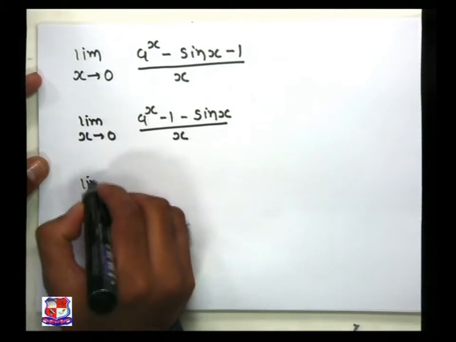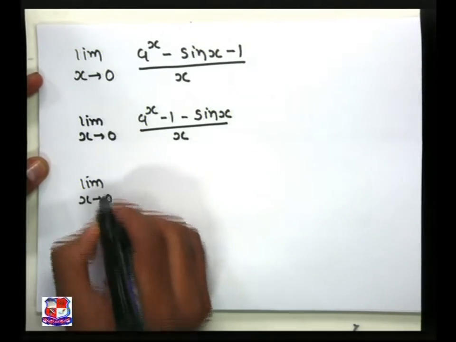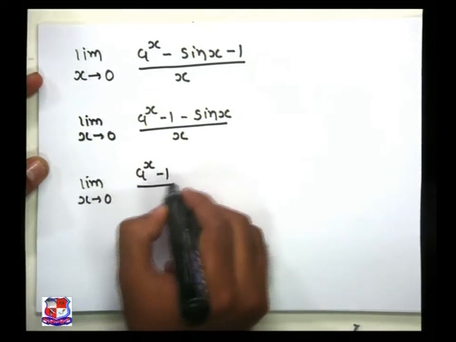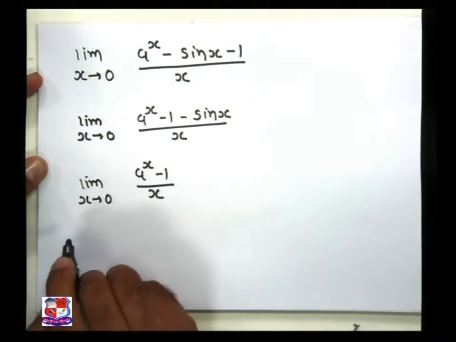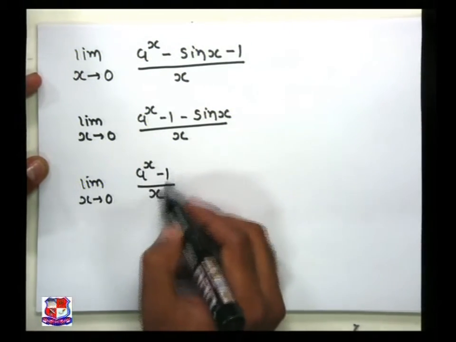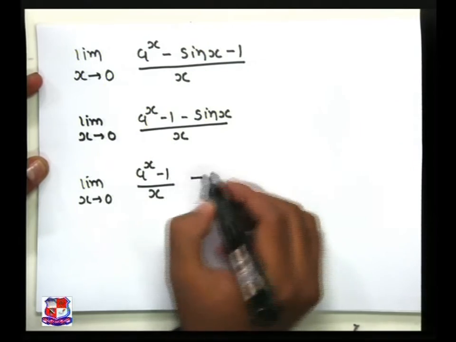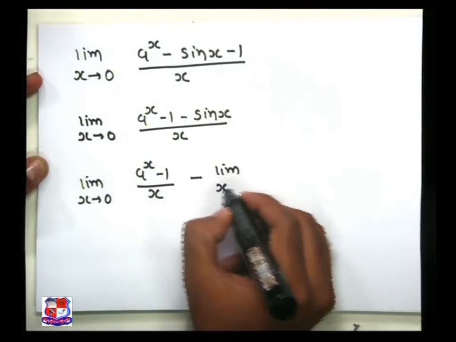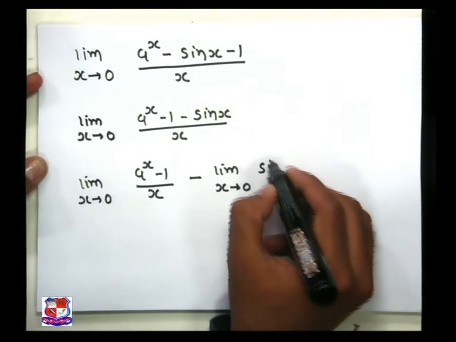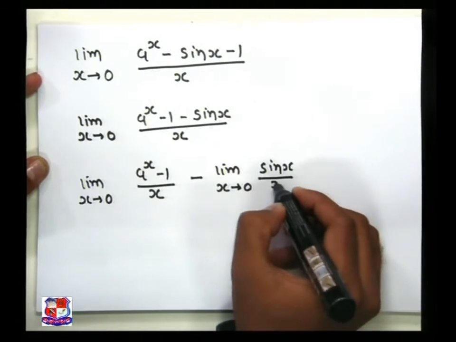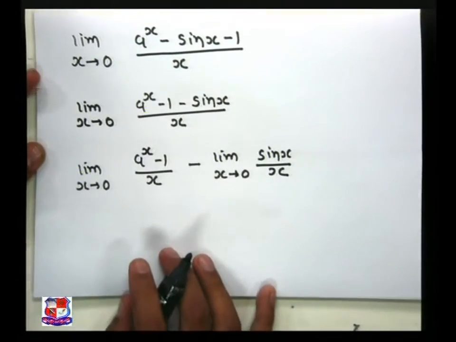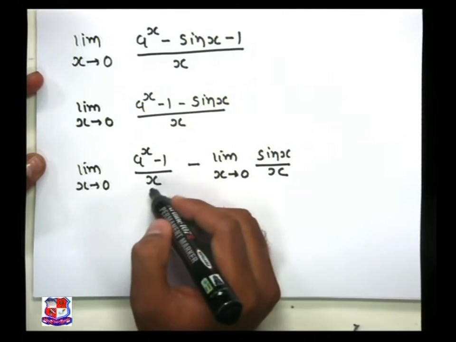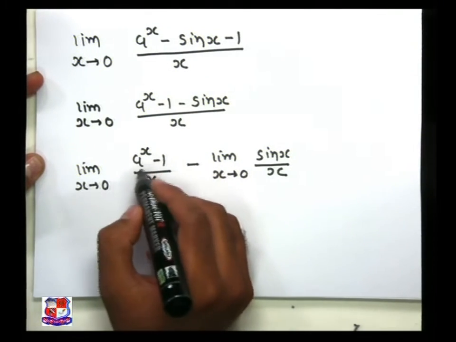So again we make our numerator in this way. Here a raised to x minus 1 divided by x only. So ultimately this x goes to both sides, and here minus, apply the limit to the second one, that is x tends to 0 sin x upon x. So based upon all the previous sums, here a raised to x minus 1 upon x we can write as log a.